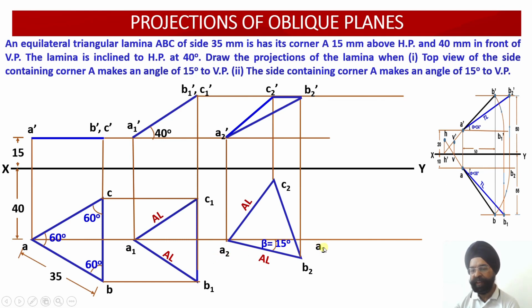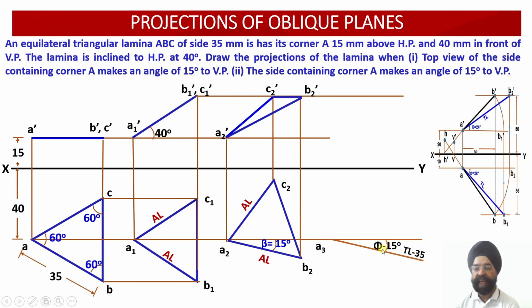So A2 has been transferred over here as A3. Then I have known that angle phi is equal to 15 degree. But angle phi is with respect to the true length of the edge of the lamina which is containing corner A. Just see, true length of the edge of the lamina which is containing corner A is equal to 35 millimeter.